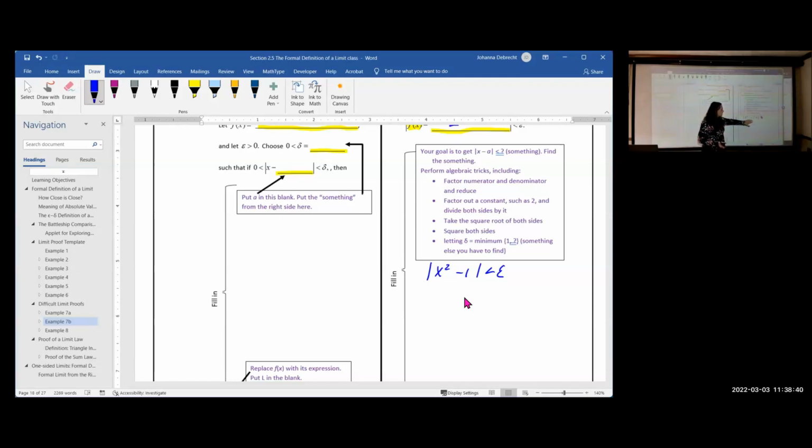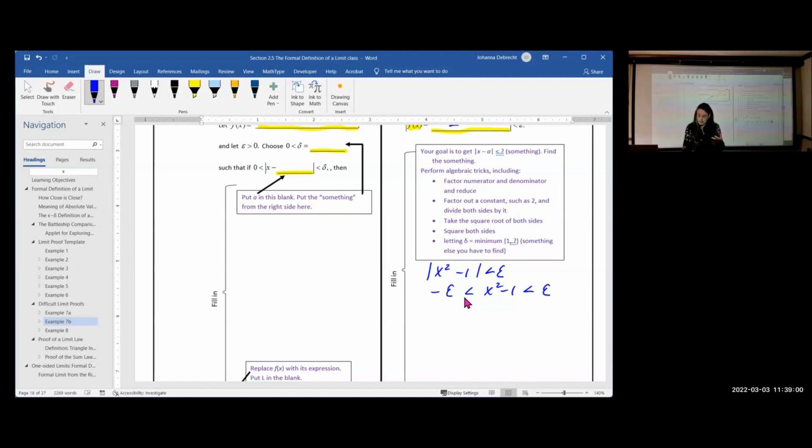We're going to take the x squared minus 1. Since an absolute value is less than epsilon, that means that on the number line, it's actually trapped between negative epsilon and positive epsilon. So I can write negative epsilon is less than x squared minus 1, which is less than epsilon.